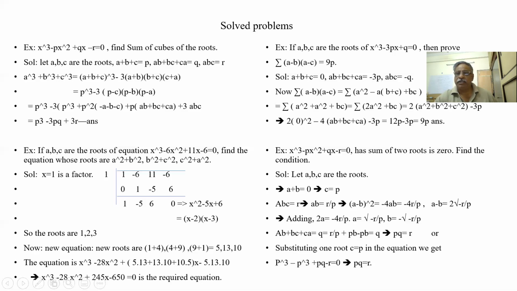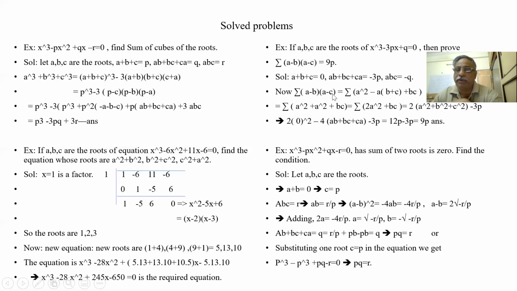So a² + b² + c², again same formula: (a + b + c)² minus 2(ab + bc + ca). So a + b + c is 0, so ab + bc + ca is again minus 3p. When I substitute, I am getting 12p minus 3p, which is 9p. So we will be roaming around these figures.